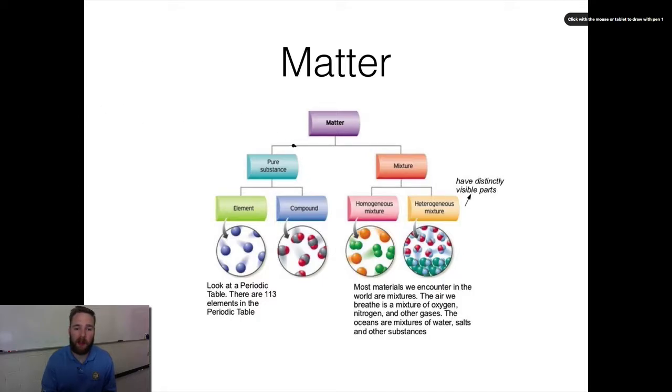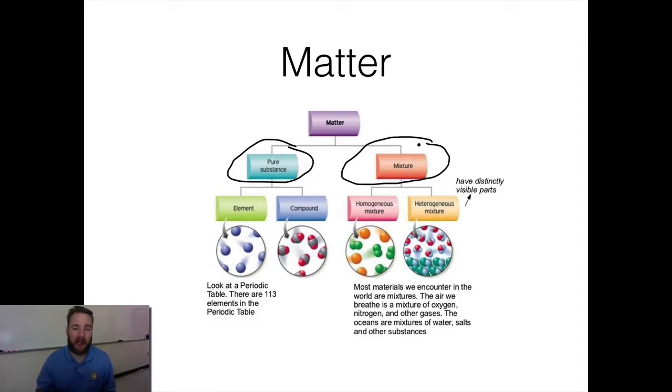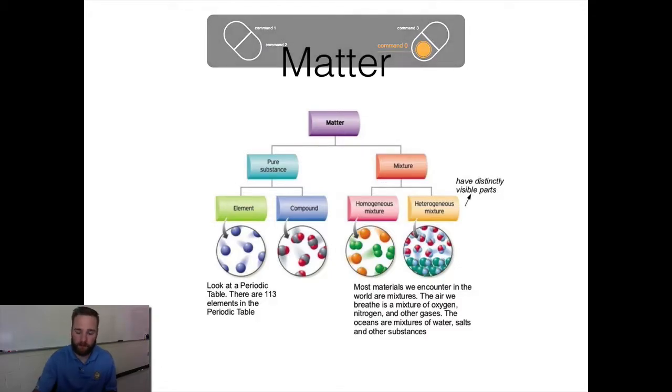We have a pure substance and we have a mixture. And in the next few slides, we're going to break down what a pure substance is and talk about elements and compounds, and what a mixture is, and talk about homogeneous mixtures and heterogeneous mixtures. So, great picture to come back to, great thing to kind of memorize and put in your mind when we're talking about matter and how we classify matter.